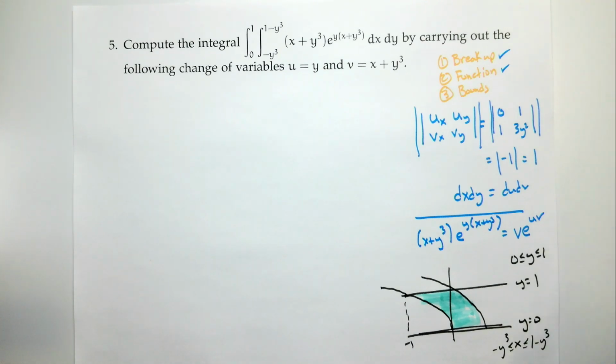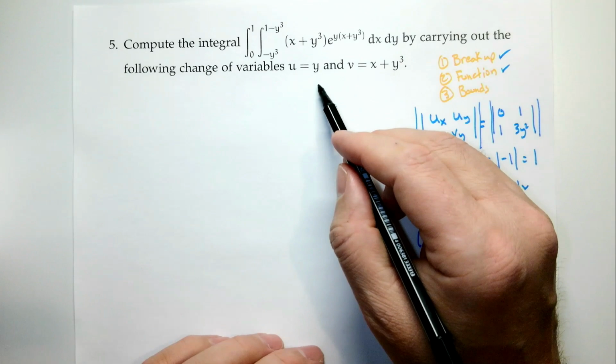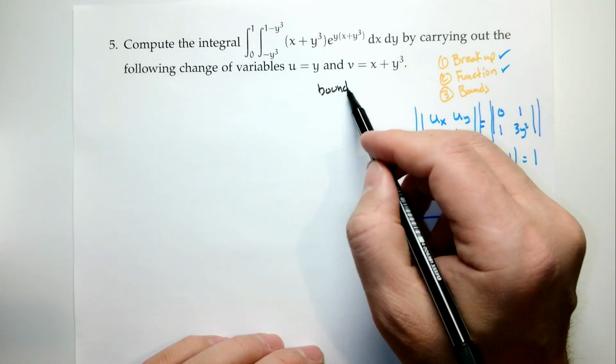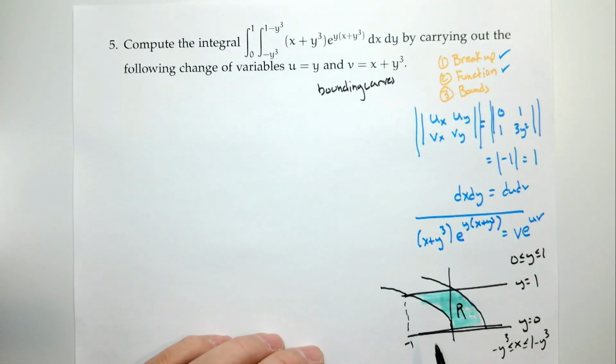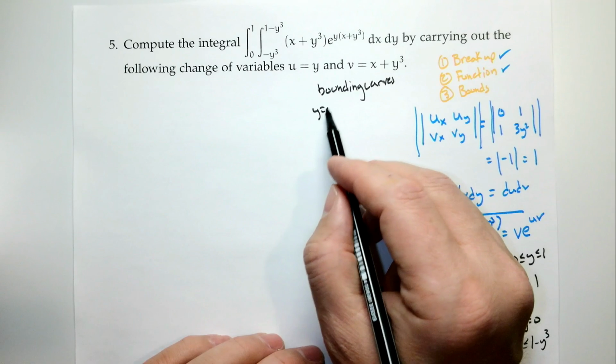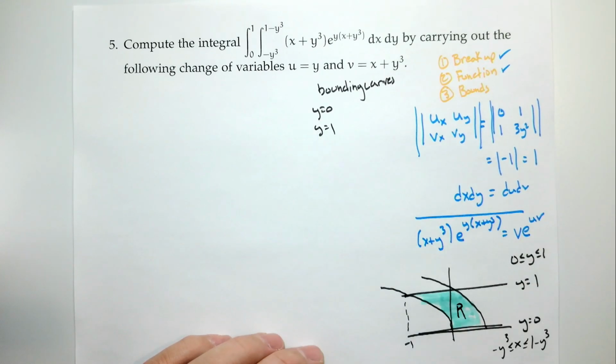So in other words, this is in the xy plane. What we want to do is figure out the bounding curves. So if we think about the bounding curves, what do we have? Well, there's 4 of them. It's a four-sided object. 2 of the curves are really simple. We get y equals 0, y equals 1. Then we have the curve here.